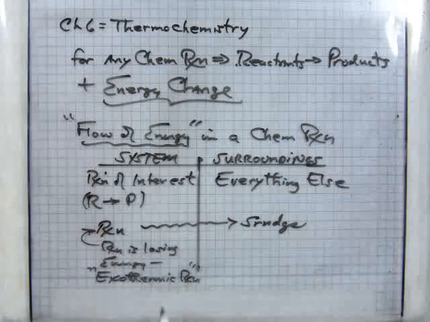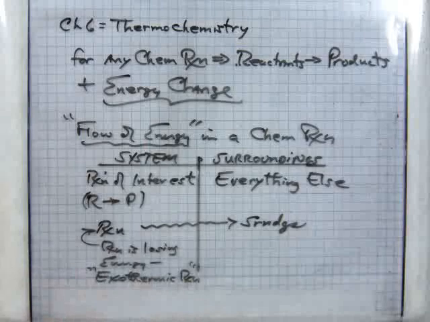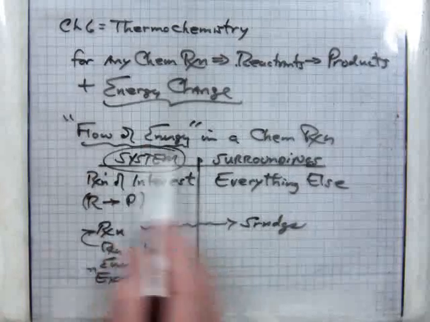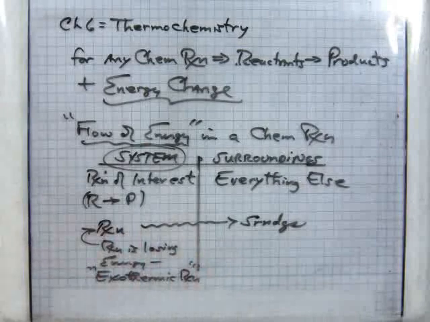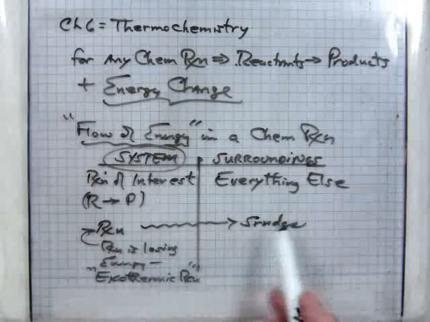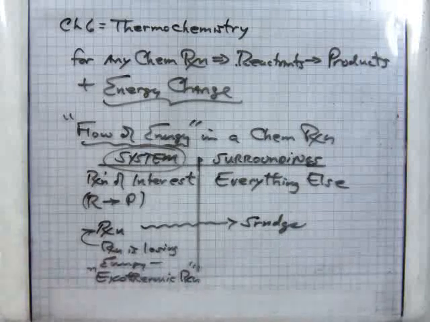Now, the term losing energy or decreasing in energy is exclusively relative to the system or the reaction. It's not relative to the surroundings, because if you look at this, the surroundings is endothermic relative to that energy movement.